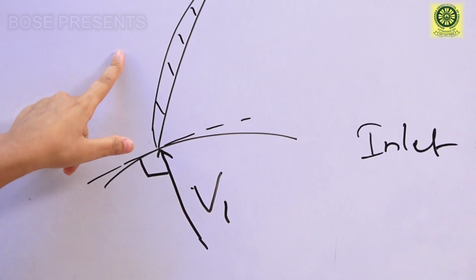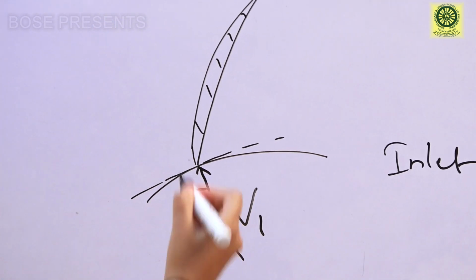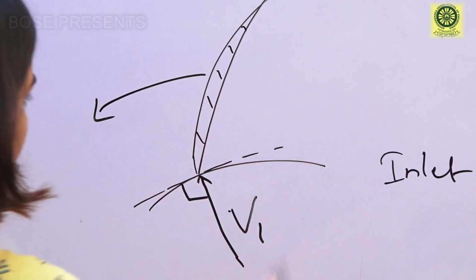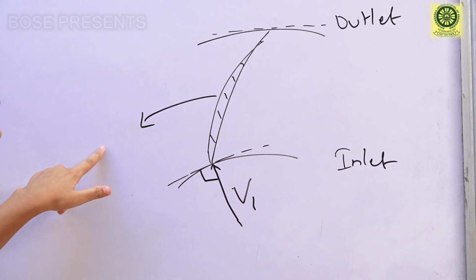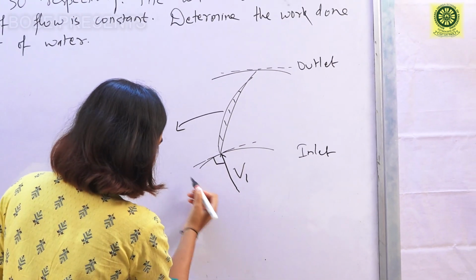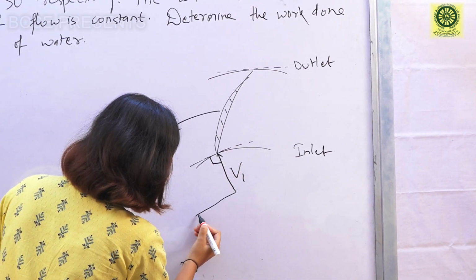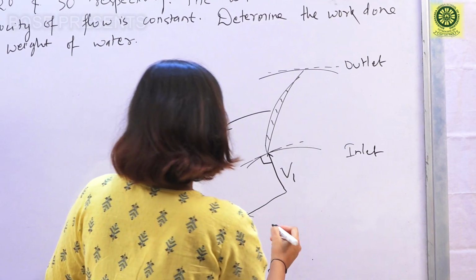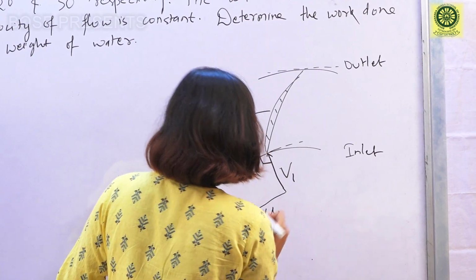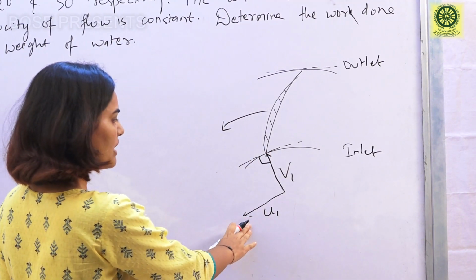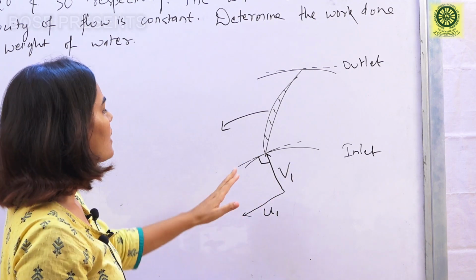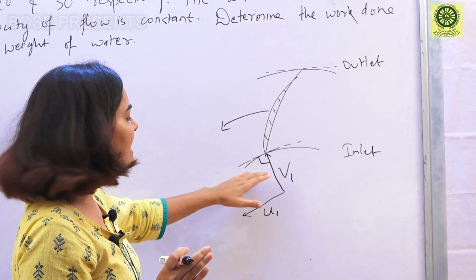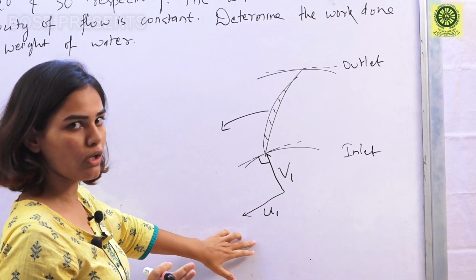Now this impeller is also moving. So let's say impeller is moving in this direction, so the impeller will also have some velocity in this direction. Parallel to this tangent, we have the velocity of the impeller, which we denote as U1. So we have impeller velocity and absolute velocity of water. The water will enter at a relative velocity of these two velocities.